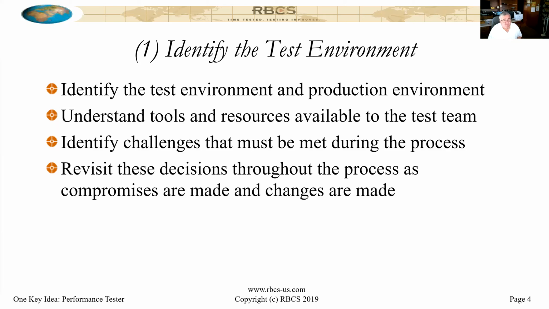A lot of software people tend to be optimists. They feel everything's going to go right this time. We're going to get it right. But the fact is that we don't accidentally get performance testing right. We need to plan, we need to be professional pessimists in order to identify these challenges.